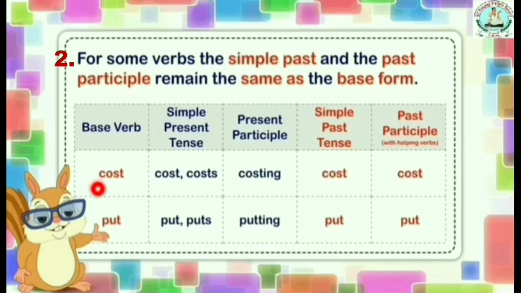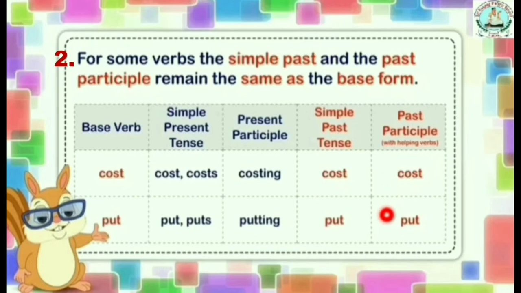But these are used in different ways. The base form of verb we use in the simple present tense, and this cost in simple past tense, and this one along with the helping verb in perfect tense. Has cost, have cost, and had cost, was cost, were cost.